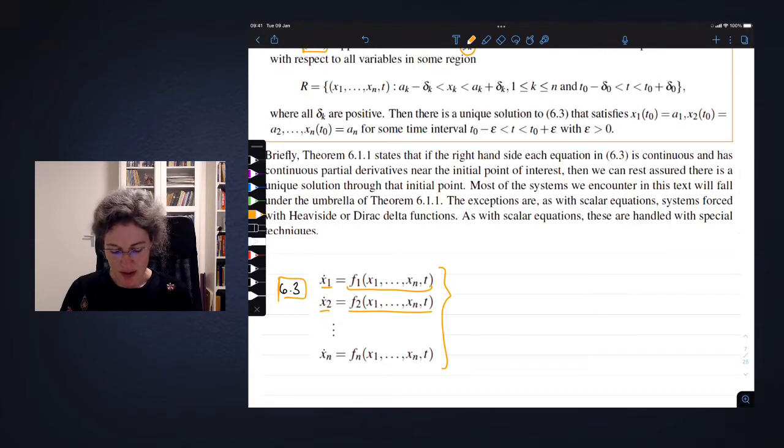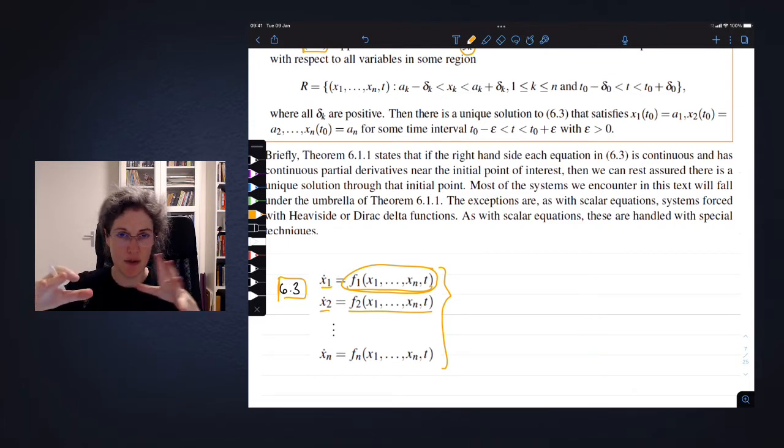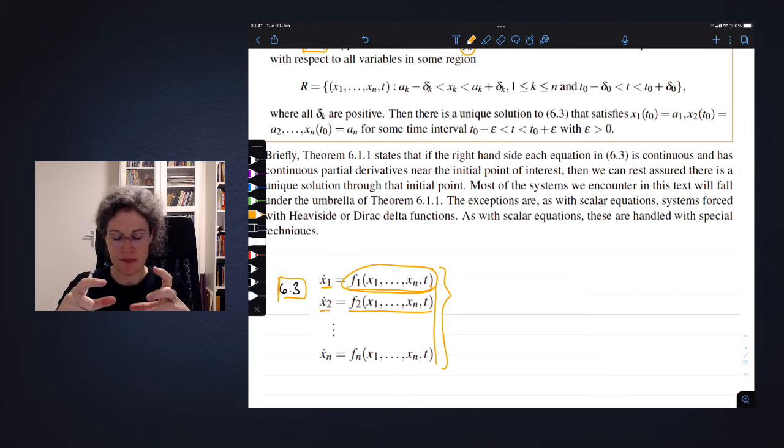So really what this is saying is, if you have a look at the right-hand sides when they're written in standard form, and those functions are well behaved over however many variables, so they're continuous over all variables and they have continuous partial derivatives, then you'll be able to find a nice solution in some region.